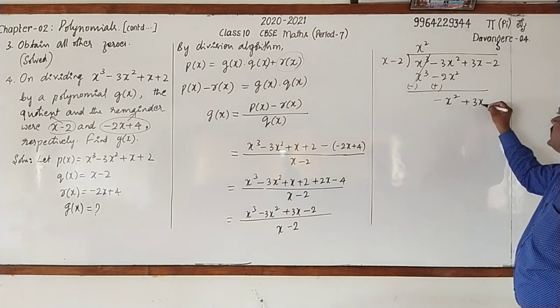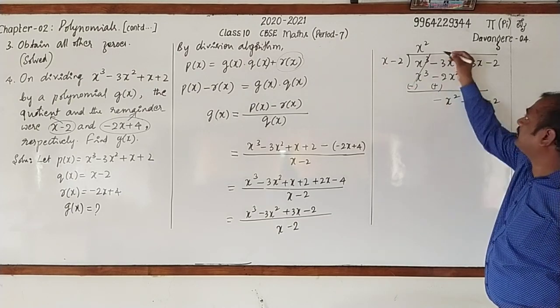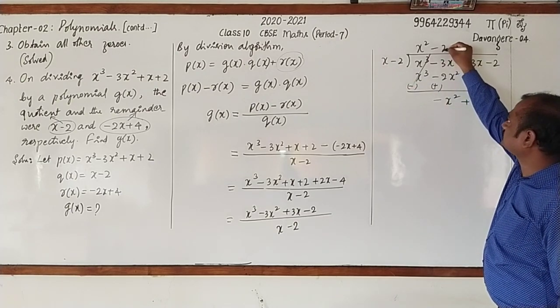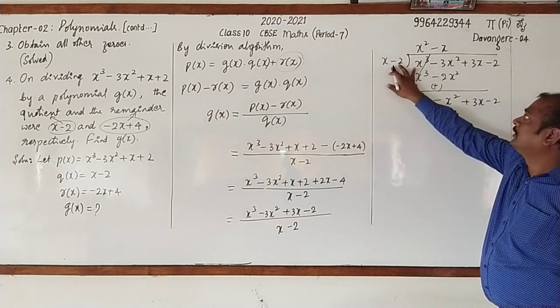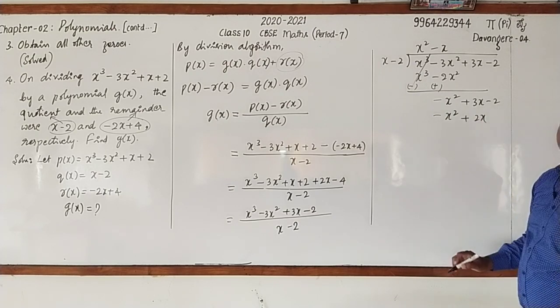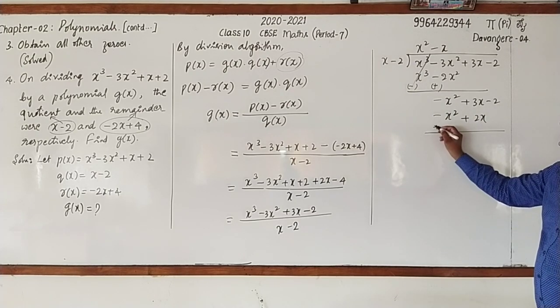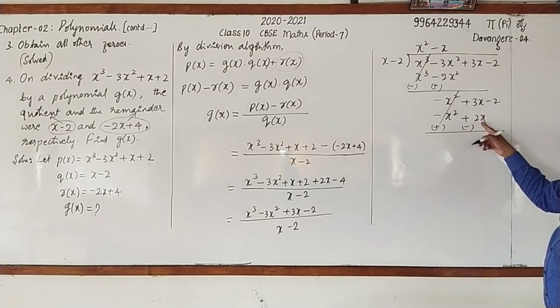Plus 3x minus 2. What should be multiplied with x to get minus x square? Minus x into x, minus x square. Minus x into minus 2, plus 2x. Change the sign. This is plus and this is minus. It cancelled. 3 minus 2x, it is x.